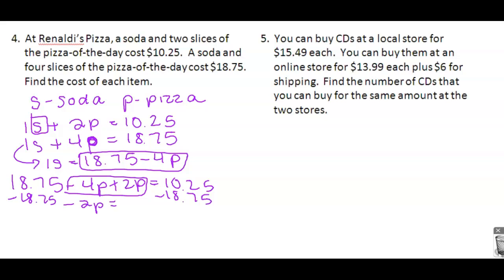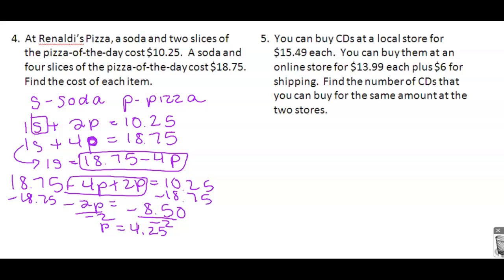So when you divide by -2, they're going to cancel out. So 10.25 minus 18.75 is -8.5. Divide both sides by -2. And a slice of pizza costs $4.25.